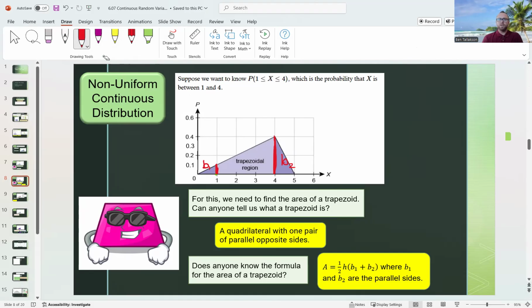And if you're thinking, wait a second, isn't that the height? Isn't the ground to the top the height? Well, normally, logically, yes. But for a trapezoid, B1 and B2 are always the parallel sides, or else this formula will not work.